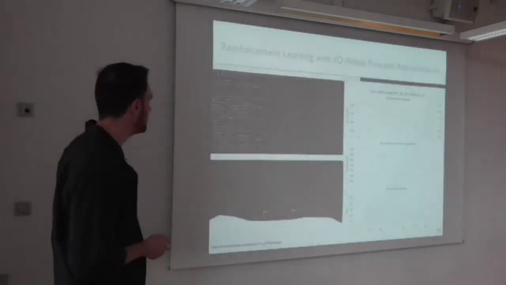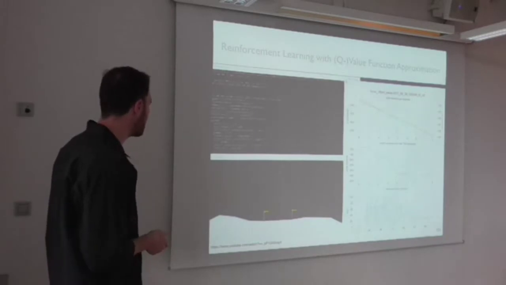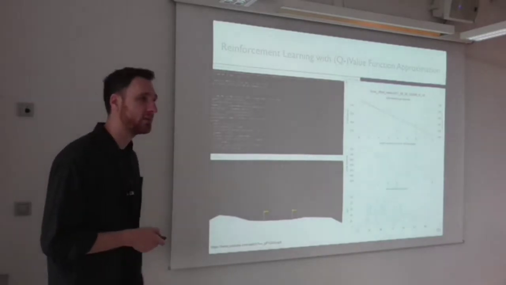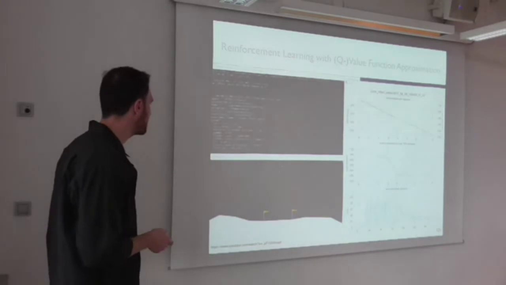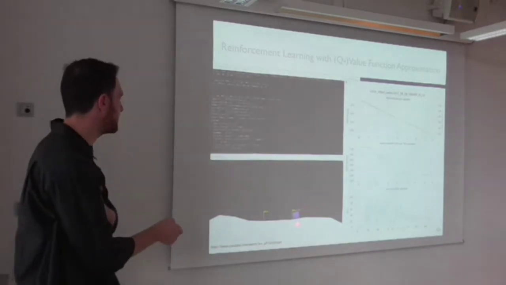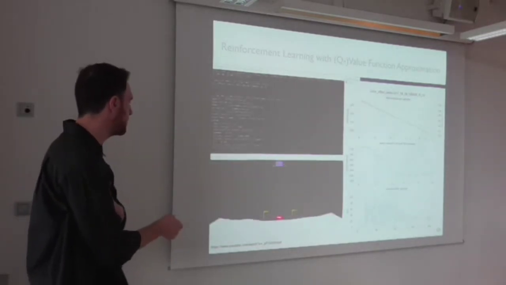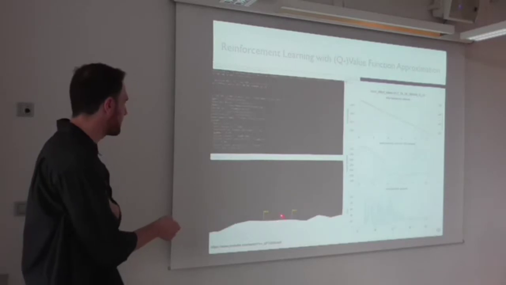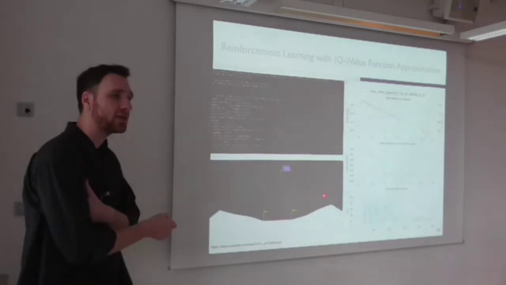And one of the cases where it does work is this little game that is available on the OpenAI Gym platform. This is a game where you have to control this thing that's supposed to be landing on the moon. It has to land here. Think about this: what is the state in this game?